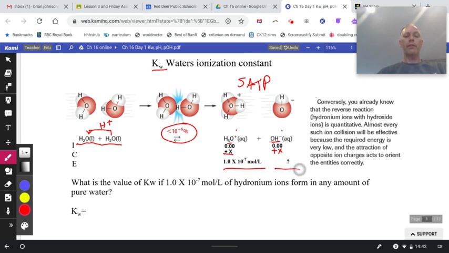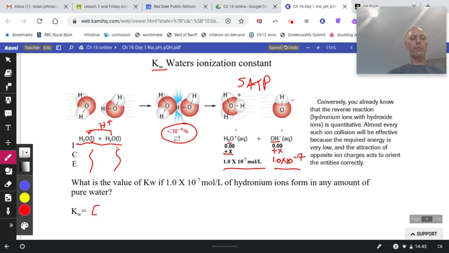So what would be your concentration of hydroxide? Correct answer would be the same, because they both gain X, 1.0 times 10 to the minus 7. Now, if you are going to write out the equilibrium expression for water at equilibrium, water is a liquid, so it doesn't have a concentration, so it doesn't count.